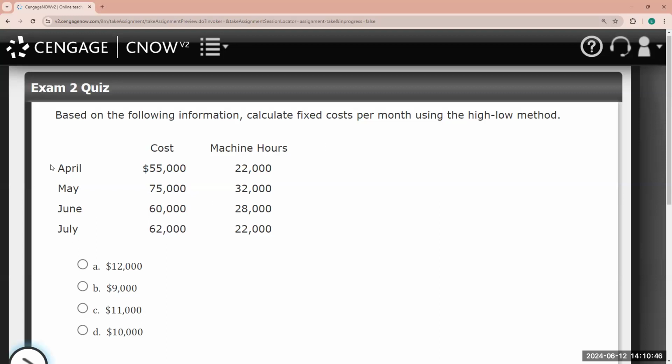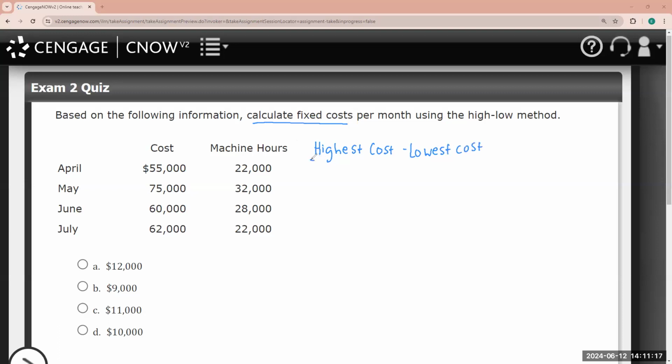So given this information, we look at the months and we need to determine the highest and the lowest month. The formula for the high-low method is as follows. It is the highest cost minus the lowest cost, and this is in our numerator.